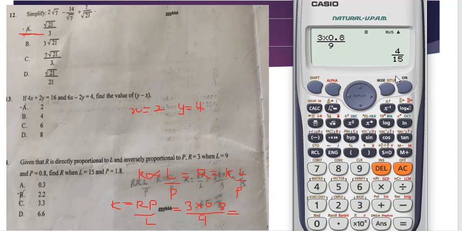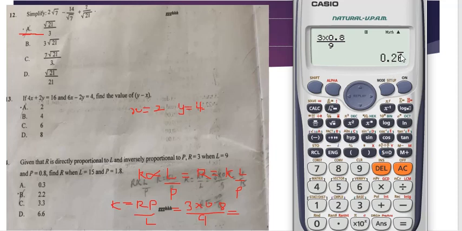So we have the K value. We have 3 times 0.8 divided by 9. When you click on this, it will give you the decimal form.